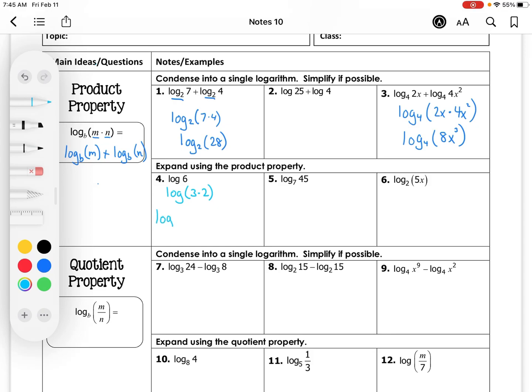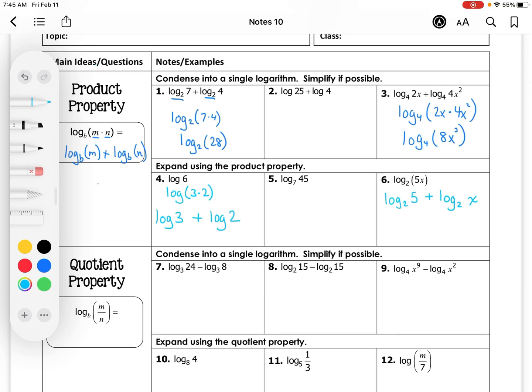And then expanding it even further, writing it into multiple logs of a log 3 plus another log of the 2. Doing one more example, let's say number 6, log base 2 of 5 times x could be expanded to log base 2 of 5 plus a log base 2 of x.